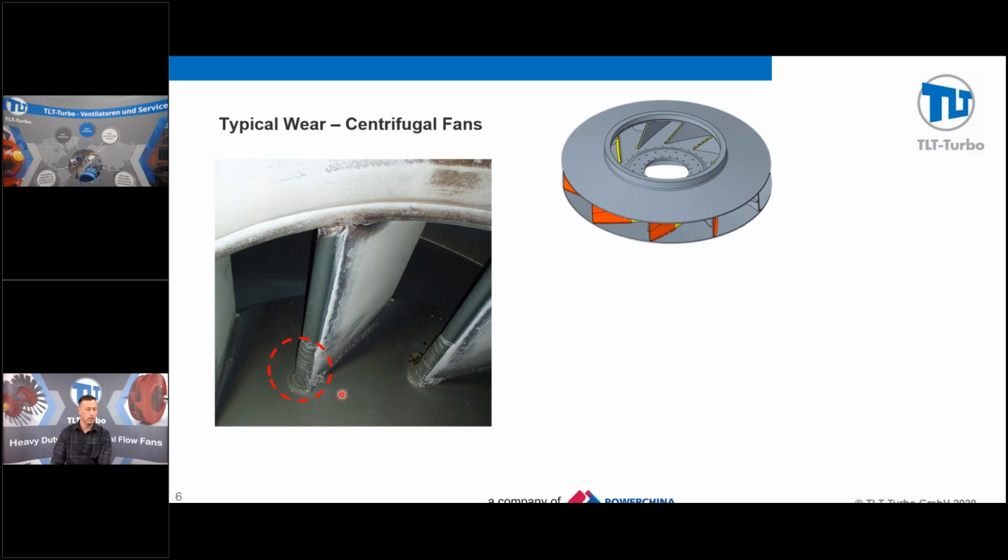And this is near the backing plate or the center plate, depending on if it's a double width rotor or a single, depending on whatever your definition is or what you've been told. But you're going to see a lot of wear here. The air is going to be traveling into the rotor, and then it's going to be pressed against that backing plate, so you're going to get heavy wear there.